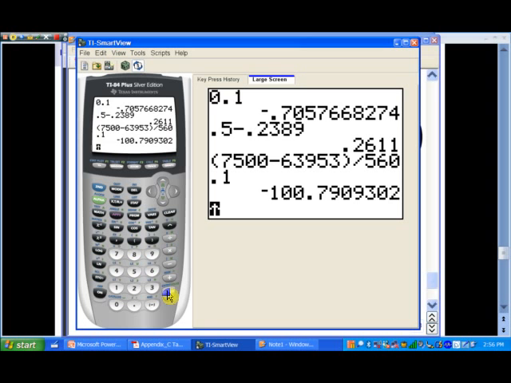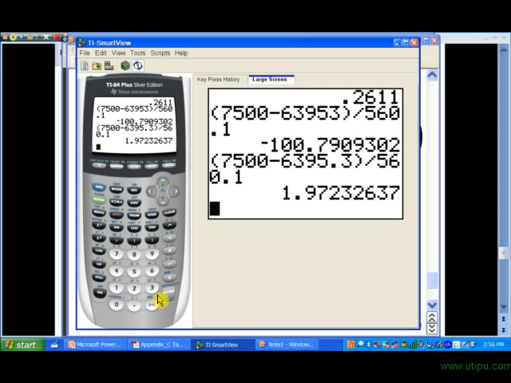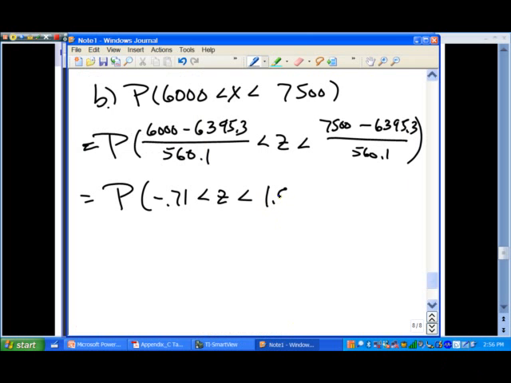And so it looks like our, whoops, I forgot my decimal, didn't I? Pardon me about that. You go up and fix that. 6,395.3. There we go. So we get what? 1.97.